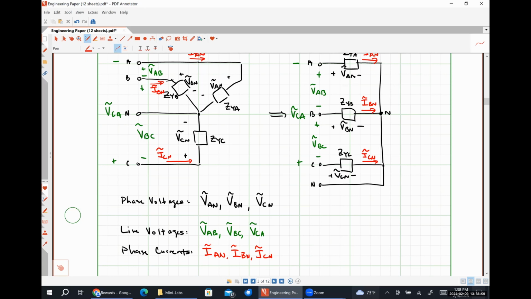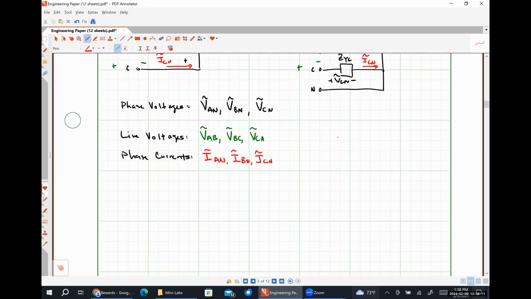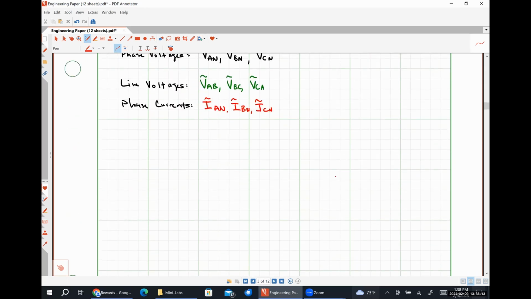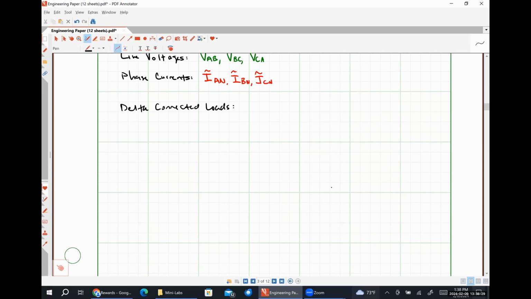So we've got one last thing to do here, and we've got about 7 minutes to do it. Unsurprisingly, I think this will be delta connected loads. So that's going to look something like this. Let me scooch this down.